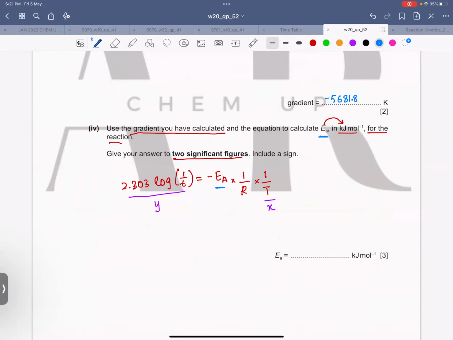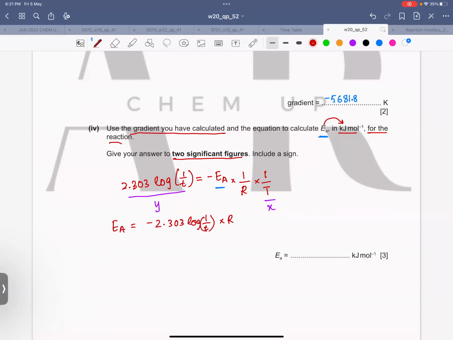Yes, but if I make EA the subject, then it would be 2.303 log 1 over T times R.